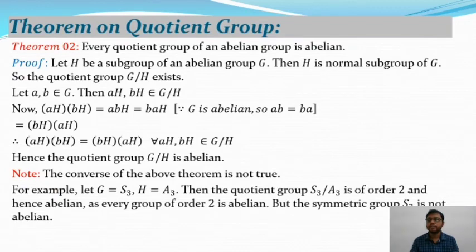So the index of A3 in S3, that is the order of the quotient group S3/A3, is 2. So it is abelian by Lagrange's theorem, as every group of order 2 is abelian. But the symmetric group S3 is not an abelian group. So the converse part of the above theorem is not true.